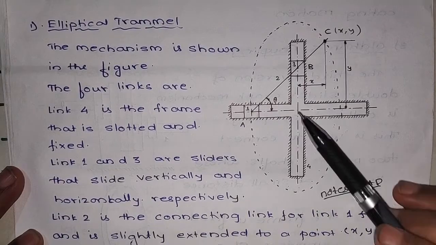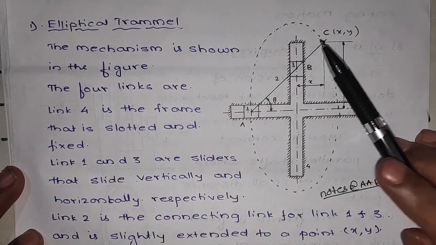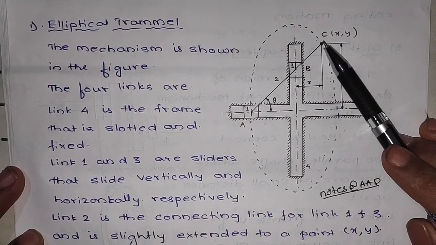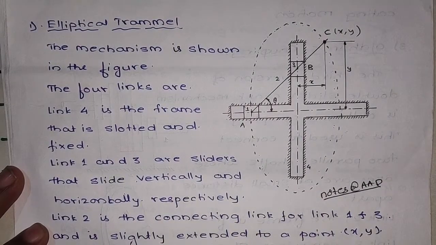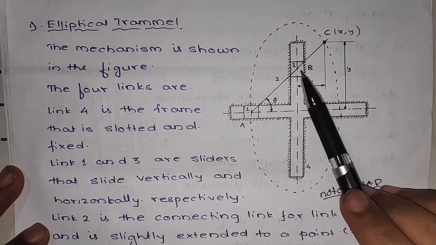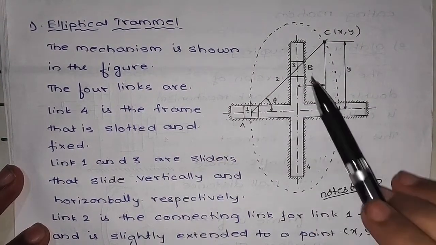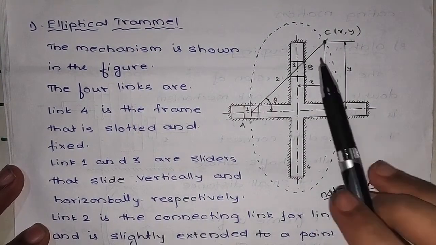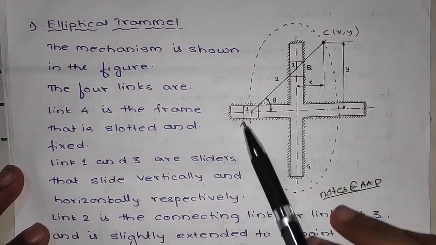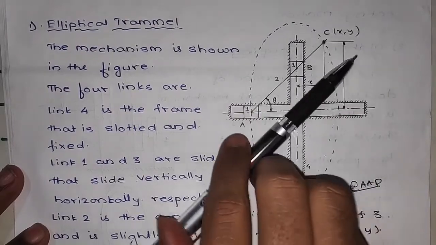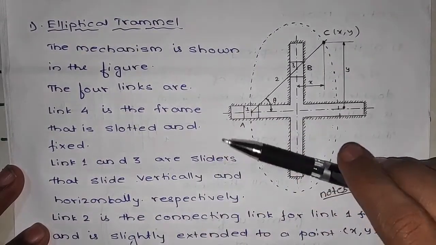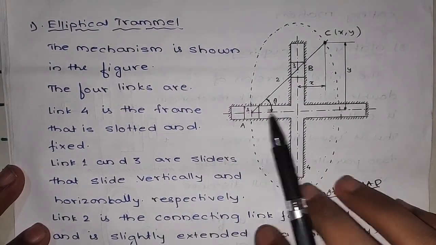Link 2 is connecting between link 1 and 3, and this is extended further till point C, so that when link 3 and link 1 start sliding in the slots, this point C draws an ellipse. So this link, link number 2, will draw an ellipse as the sliders slide.